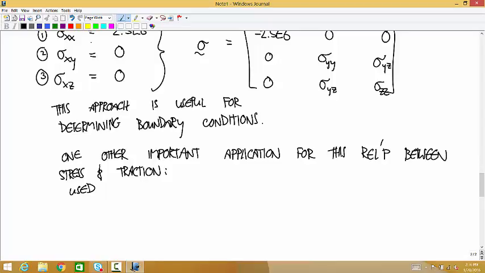A lot of times it's used in deriving principal stresses, and we'll talk about that in not too many more class periods.